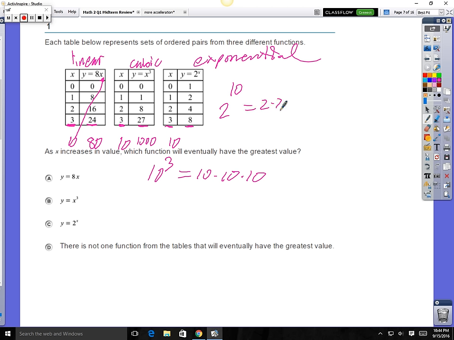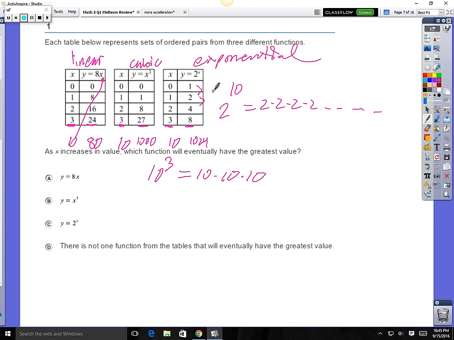So that's 2 times 2 times 2 times 2, and so on, 10 times. So I'm a calculator. I'm going to do 2 to the 10. And that is 1,024. So here's what you need to know. Exponentials may start out growing slow. 1 grows to a 2, grows to a 4, grows to an 8.